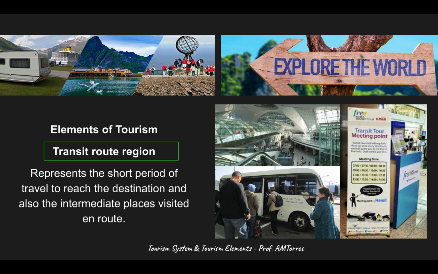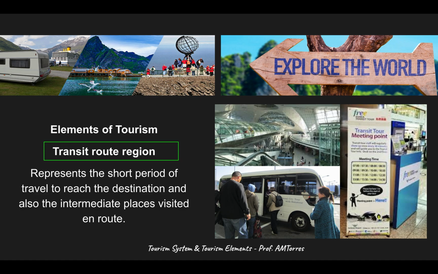If that person has to make a stopover because that's the ticket that he bought, then definitely he has to stay in the place. And while waiting for the boarding time, that tourist has to fill his time.